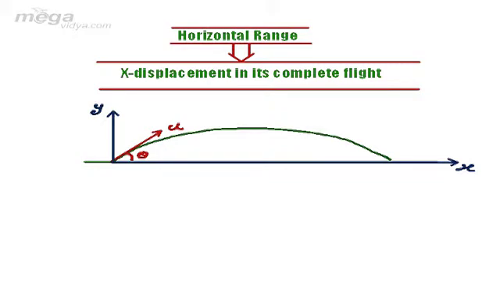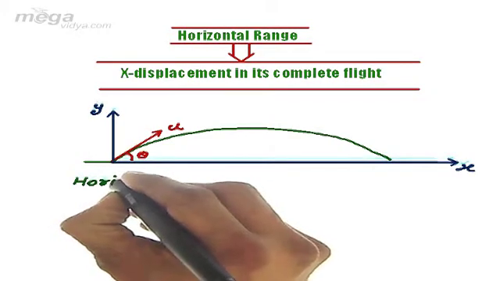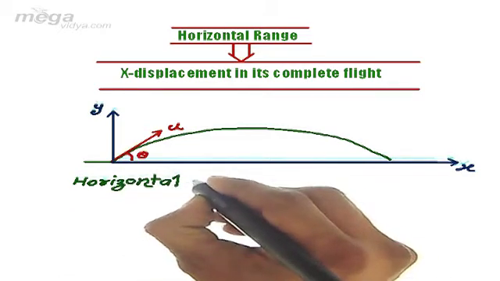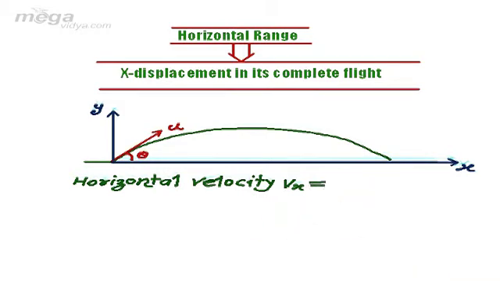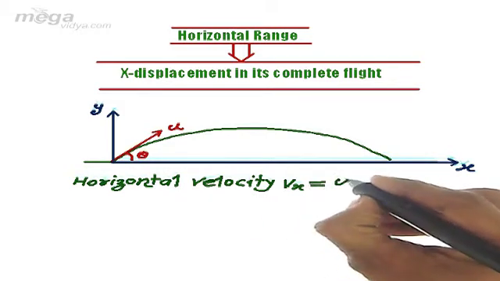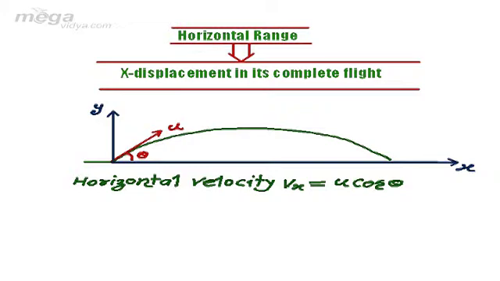Here also we may write the same equations, and as we know, the horizontal velocity of this projectile, Vx, is always u cos theta, because this projectile does not have any acceleration along the x direction. So throughout the flight, its horizontal velocity remains constant.